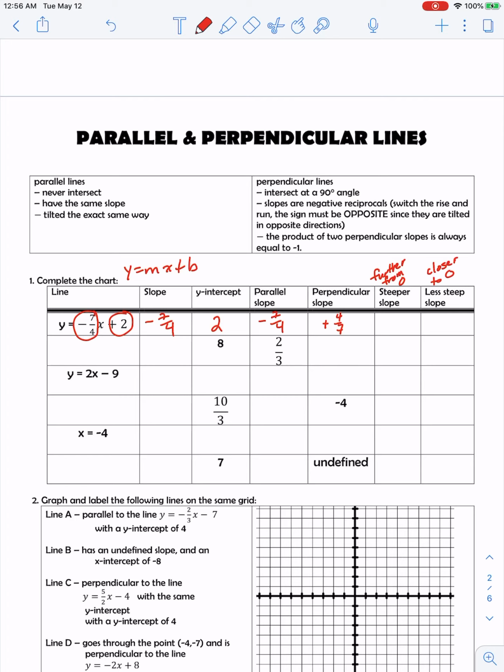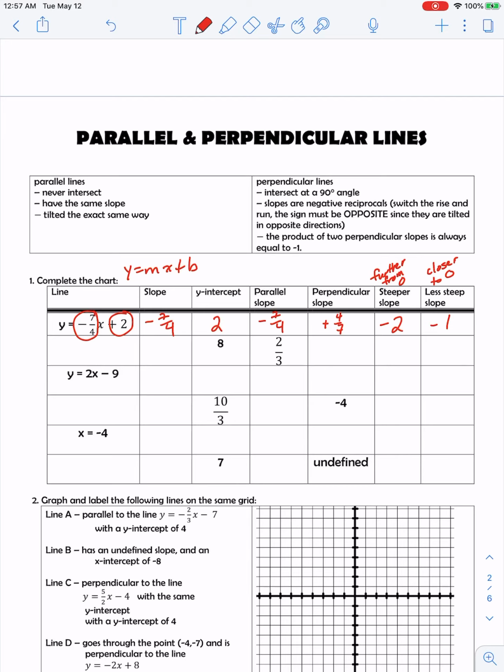So -7/4 is -1 3/4. So I'm just going to say -2 will be steeper, because that is further away from 0 than -7/4. And closer to 0, -1. I mean, you can put any numbers in there. You can put any fraction. I could put like -6/4 or -5/4, anything that is getting closer to 0.